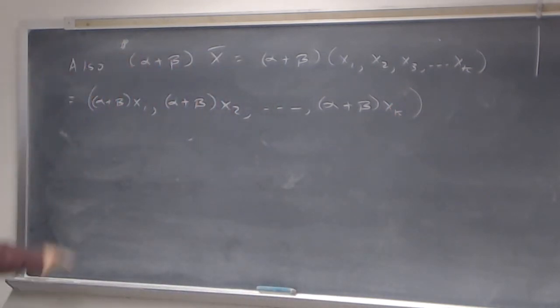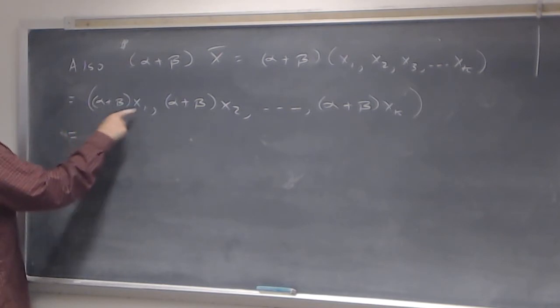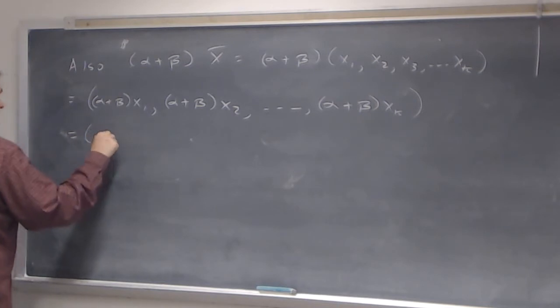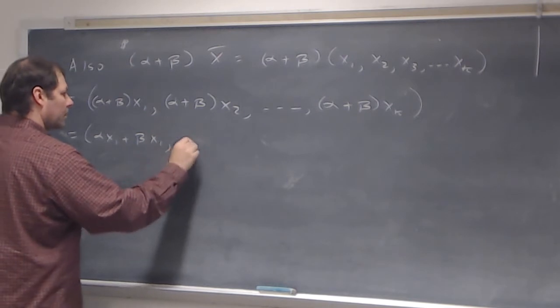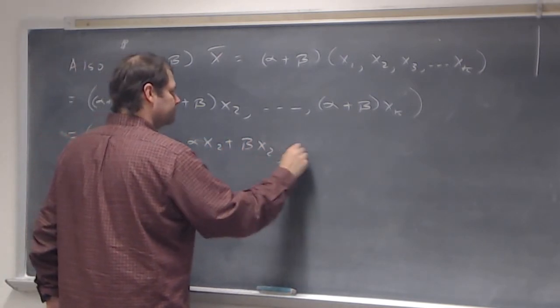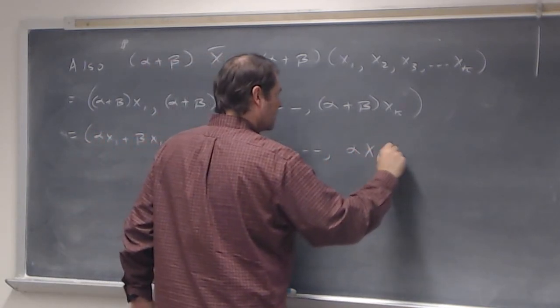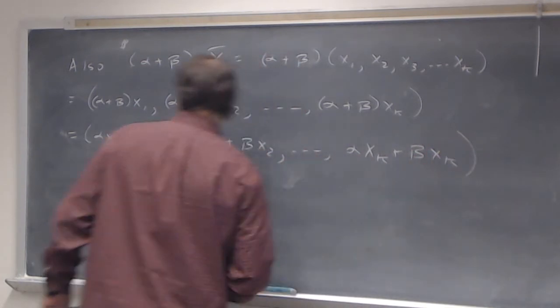And here, because this is a field, we have the distributive property for the real numbers. This will be alpha x1 plus beta x1, alpha x2 plus beta x2, all the way up to alpha xk plus beta xk in the last coordinate.